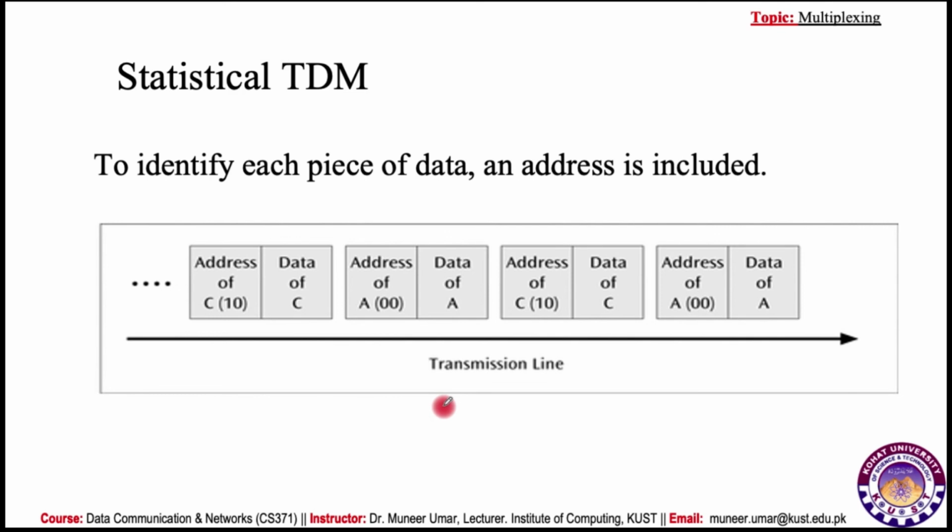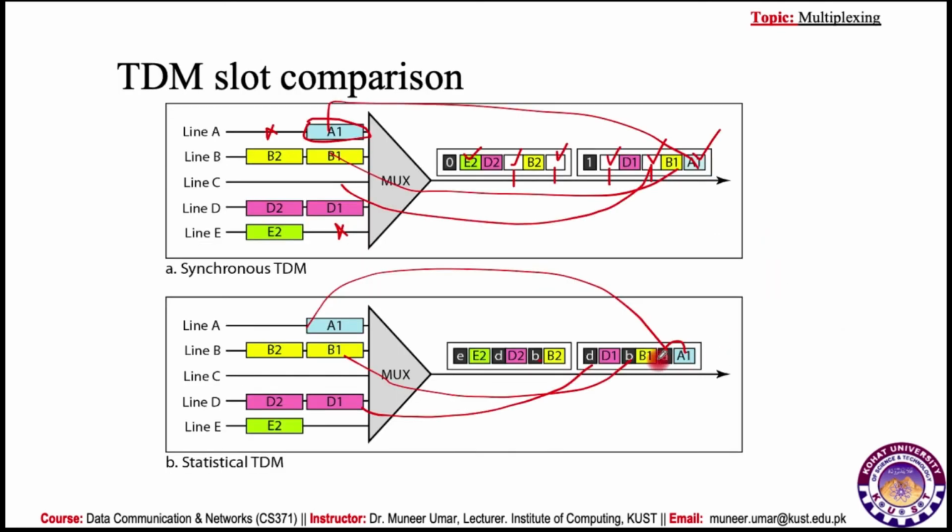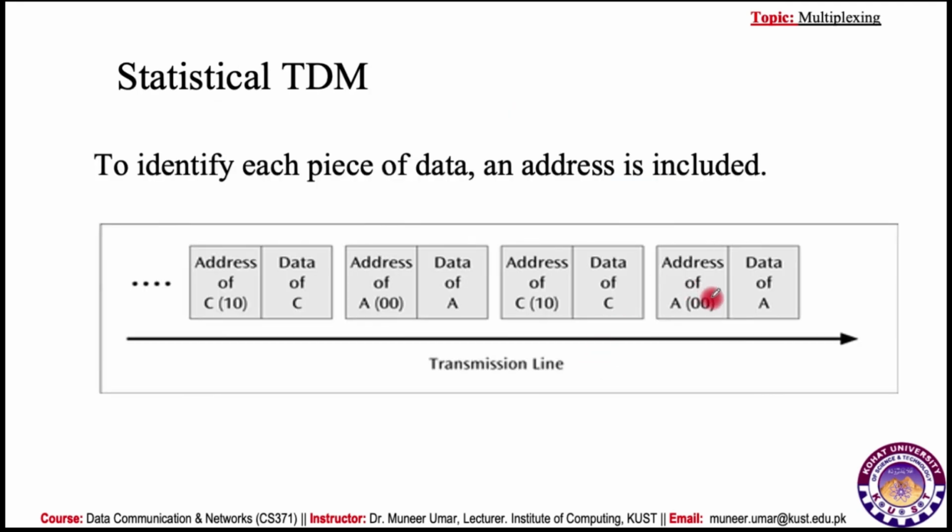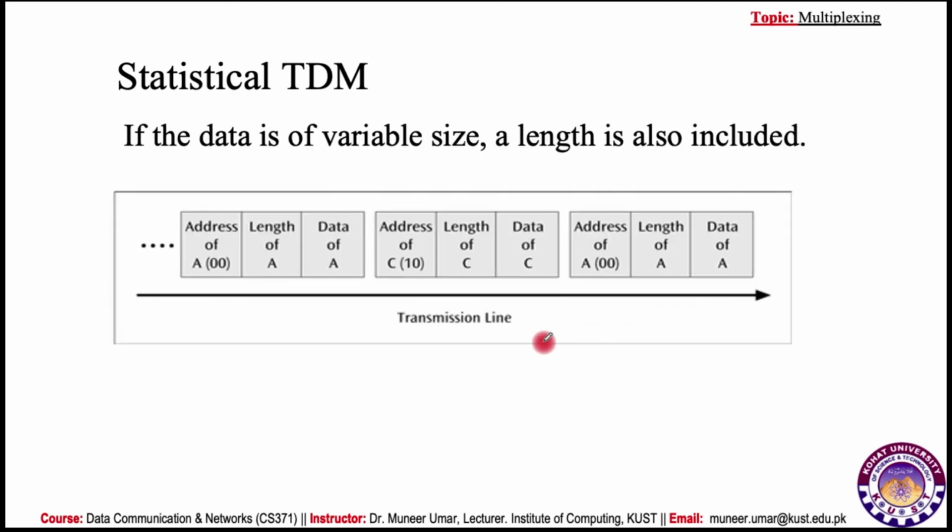To identify each piece of data, an address is included. Here we can see that the addresses are included with these pieces. So we have data of A, then address of A, similarly data of C and address of C, and so on. If the data is of variable size, a length is also included.